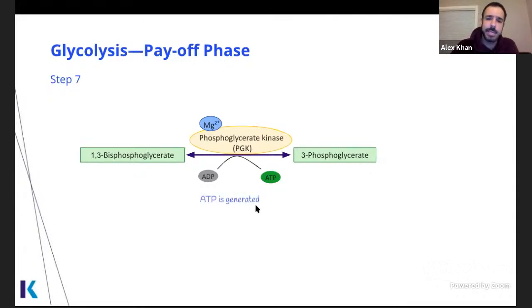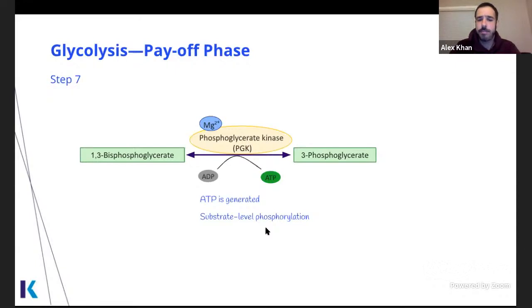So as a recap, in this step 7, ATP is generated. It is a substrate level phosphorylation. This is a fairly fancy thing that we're saying. The reason we're calling it substrate level phosphorylation is because the vast majority of ATP in cellular metabolism is created using the proton gradient from the electron transport chain in oxidative phosphorylation using ATP synthase in the mitochondria.